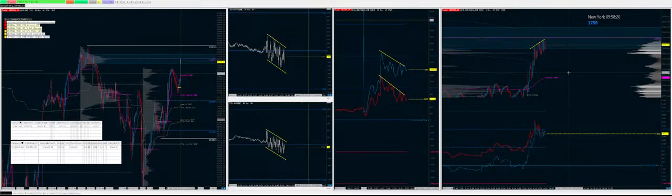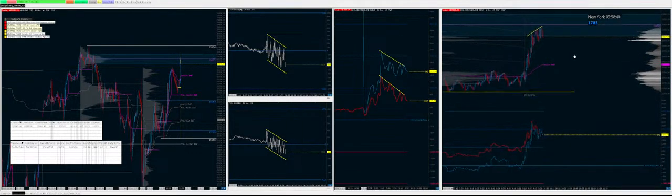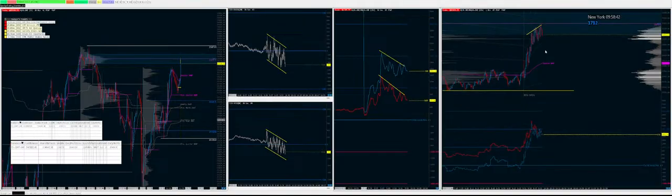So we're bumping our heads up against that, and there's confluence of it hitting this previous day's VWAP, which is basically center mass of that. So this is an area where you'd expect there to be some selling. Does it mean that we're going to fall and sweep the overnight low and do all of that? No, it doesn't mean that. It's just saying, hey, they're selling on the equity side.